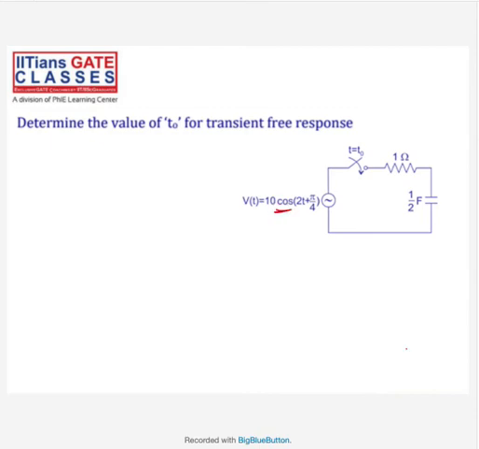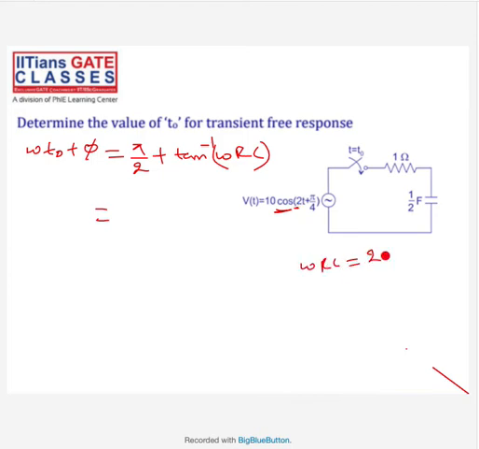You have to observe this: omega T naught plus phi is equal to pi by 2 plus tan inverse omega RC. Now find the value of this. Omega here is given as 2, so omega RC is 2 into 1 into 1 by 2, which is 1.